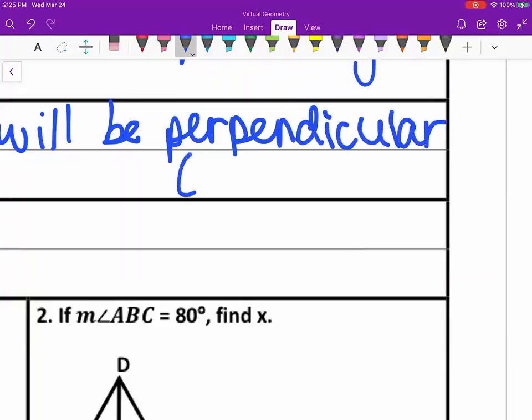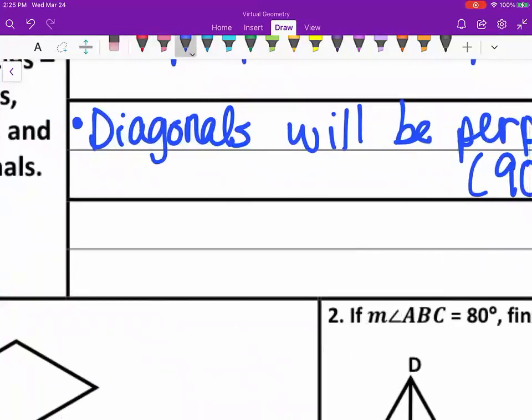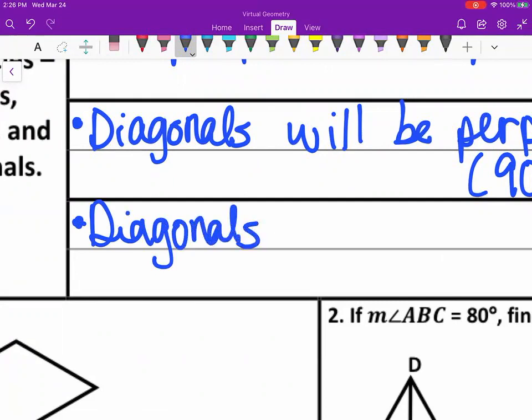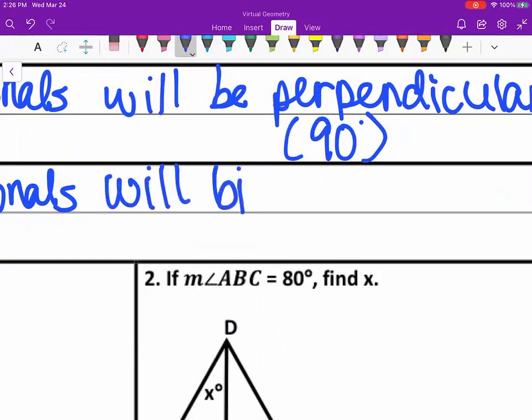And remember, that just means they're going to measure 90 degrees. That's what perpendicular means. The other thing is that those same diagonals are going to bisect. And remember, bisect just means cut in half those opposite angles.